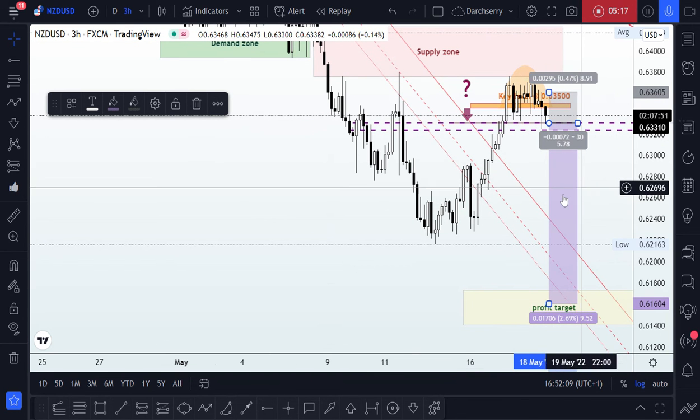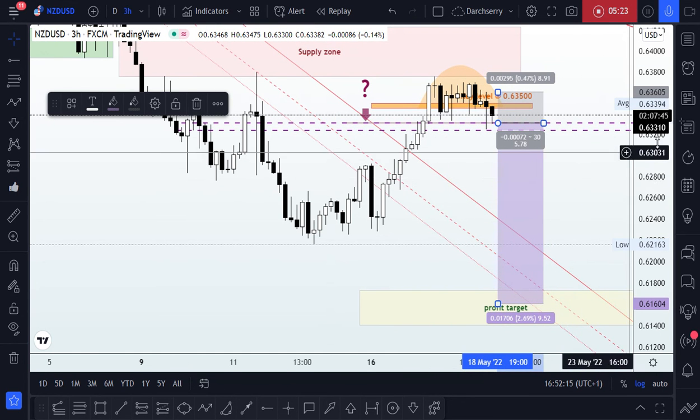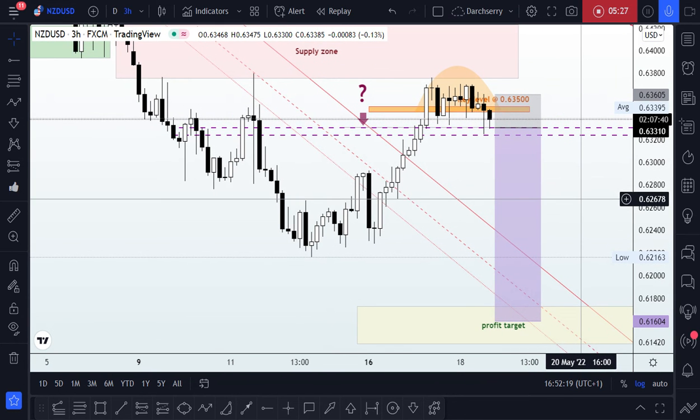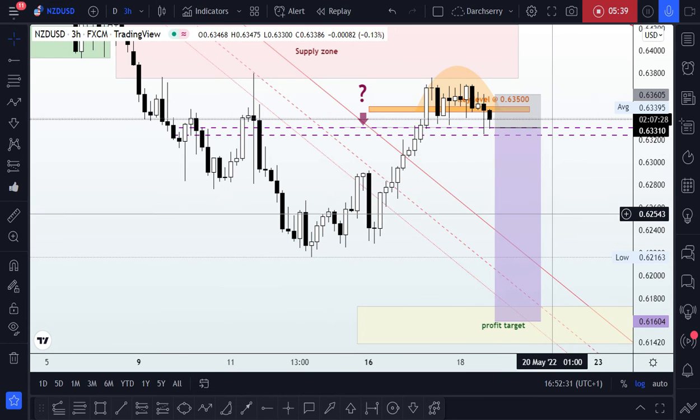So this is what I'm going to be looking forward to going into the later part of the New York session, and we hope that price moves as expected. However, it is worth stating here that we want to be looking for structures right below that key level and not above it for bearish momentum at this point.